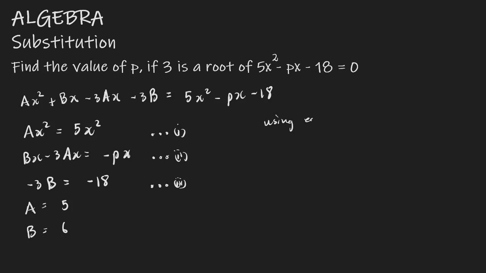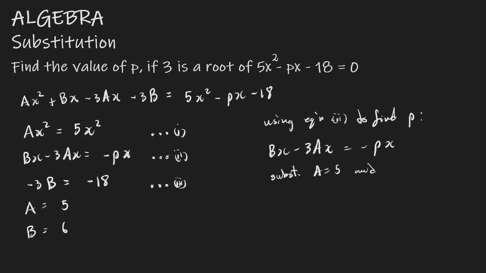Using equation 2 to find p, bx minus 3ax is equal to negative px. Substitute a is equal to 5 and b is equal to 6.